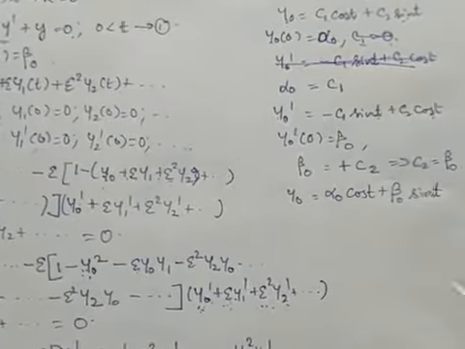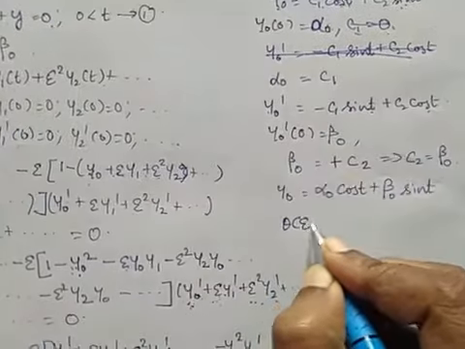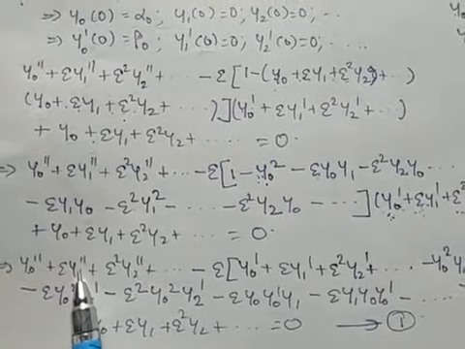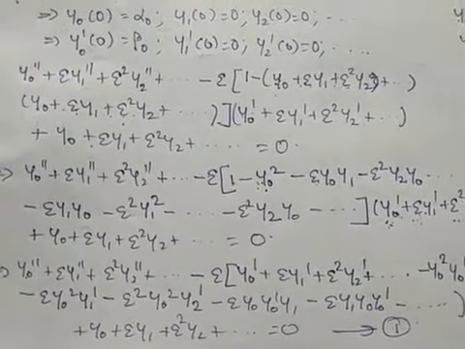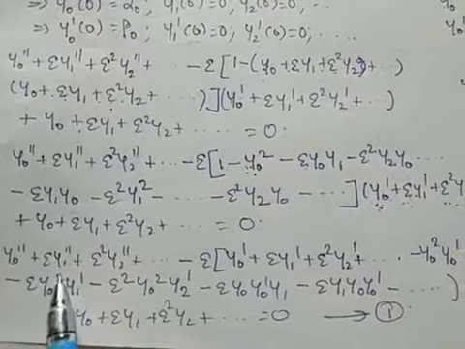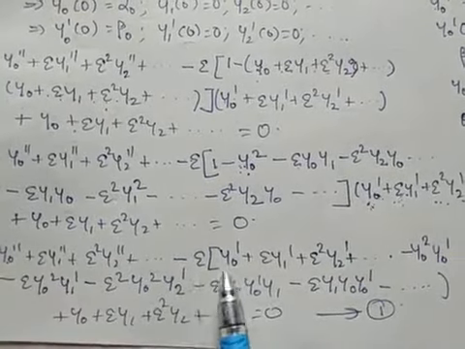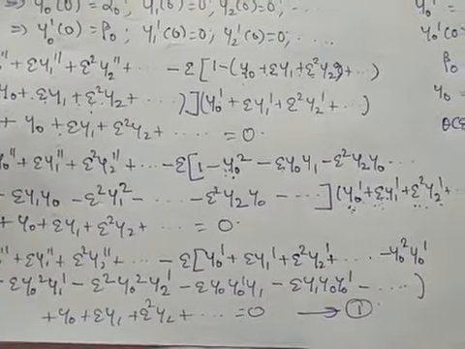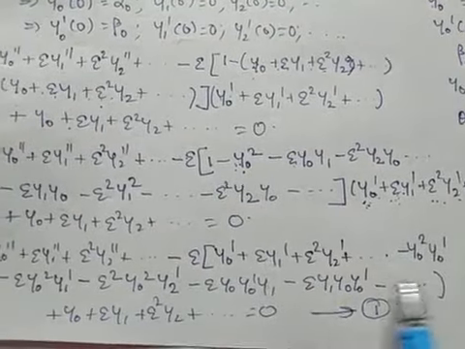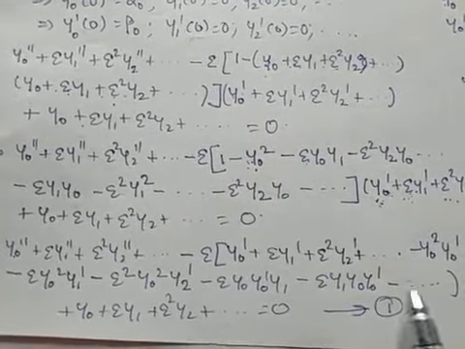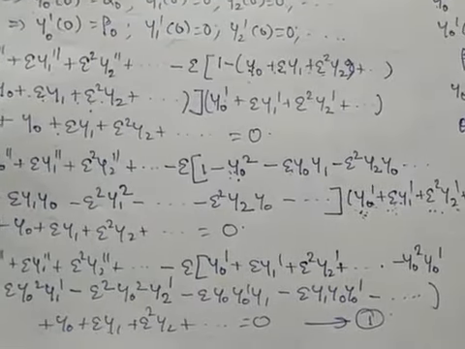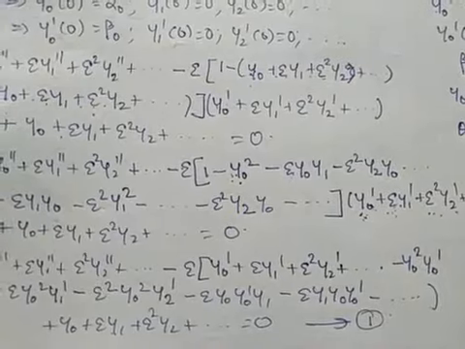Now we have to find the coefficient of epsilon to the power 1. So when we consider this equation, epsilon to the power 1 is y1 double dash, and when we consider this minus epsilon y0 dash, this is epsilon square etc. Then y1 equal to 0.